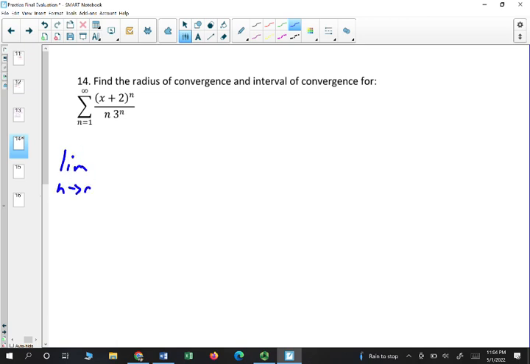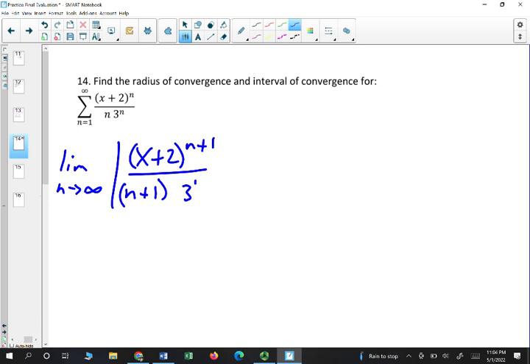Limit as n goes to infinity, x plus 2 to the n plus 1 over n plus 1 times 3 to the n plus 1, divided by a_n, or multiplied by the reciprocal, n, 3 to the n over x plus 2 to the n.